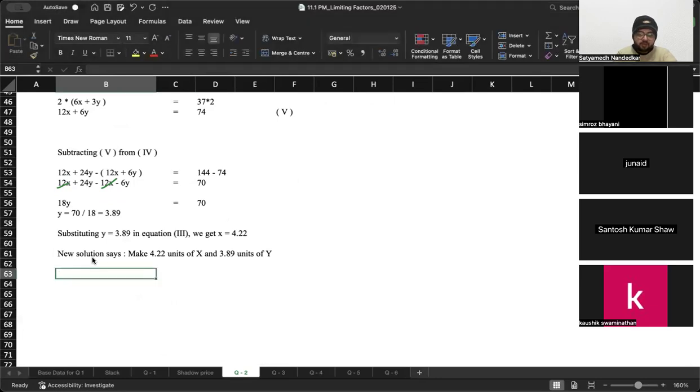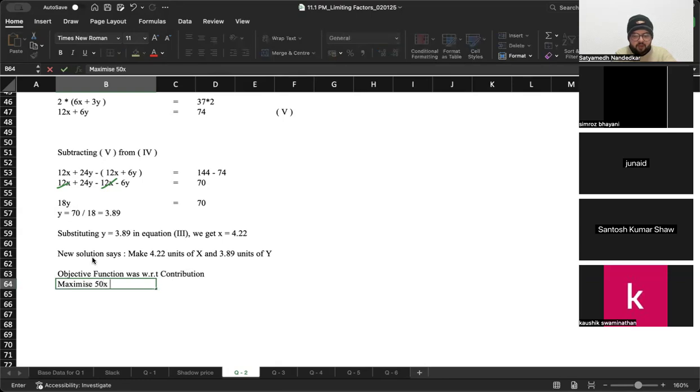What was my objective function? The objective function was with respect to contribution: maximize 50x plus 40y.